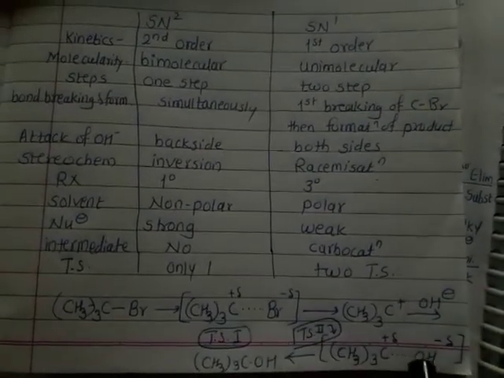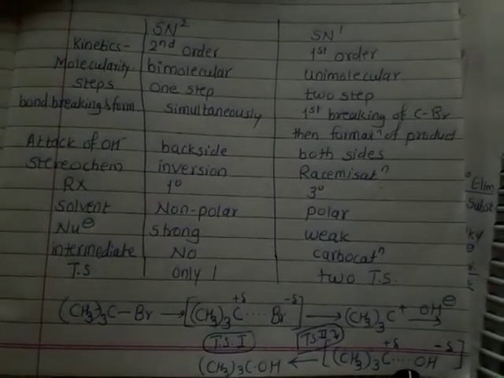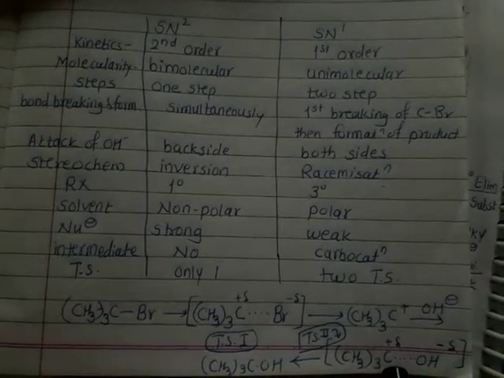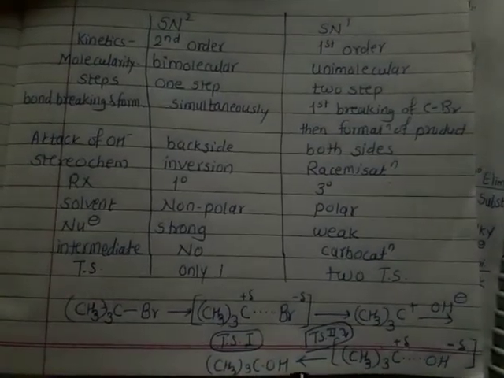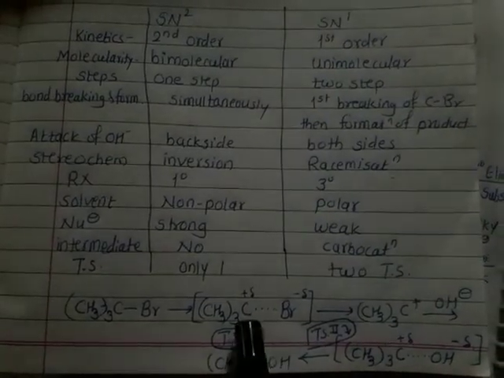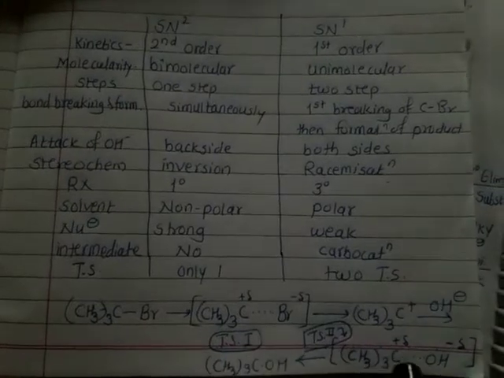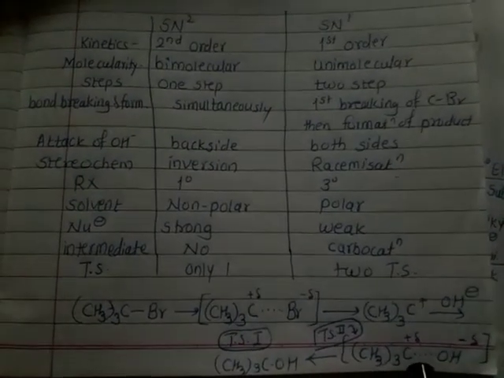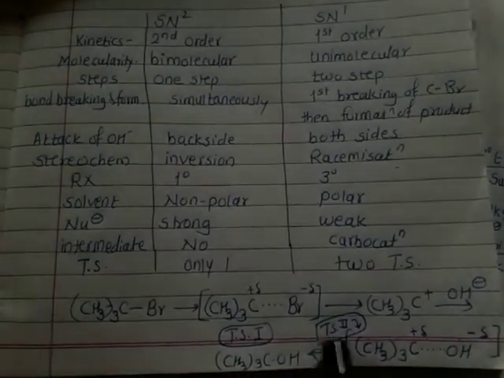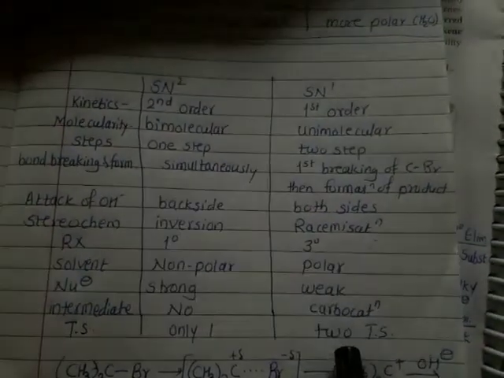Dotted line means the bond formation process has started but a complete bond is not formed between carbon and the OH group, and here at last the C-OH permanent bond is formed. So partial breaking of C-Br is the first transition state and partial formation of C-OH is the second transition state. Thus in SN1 reaction there are two transition states.